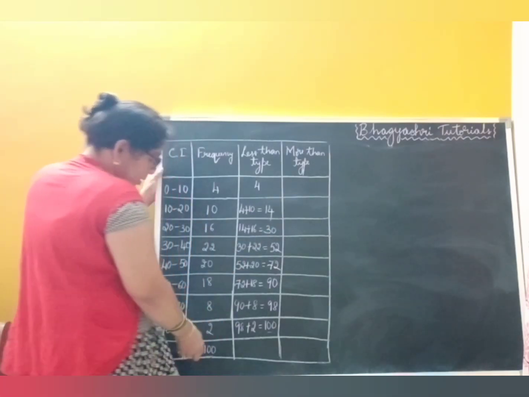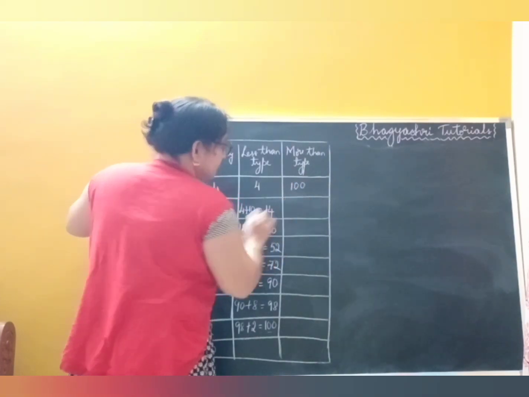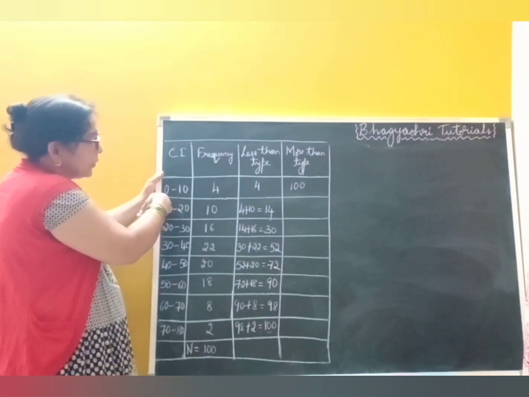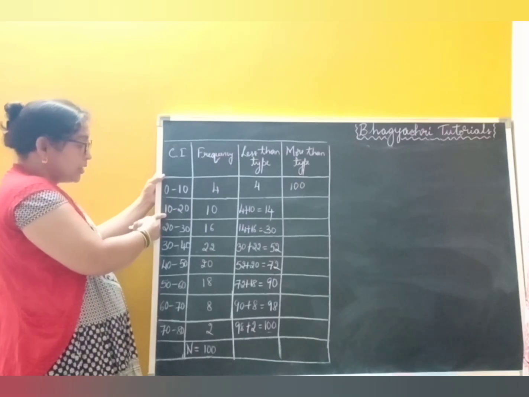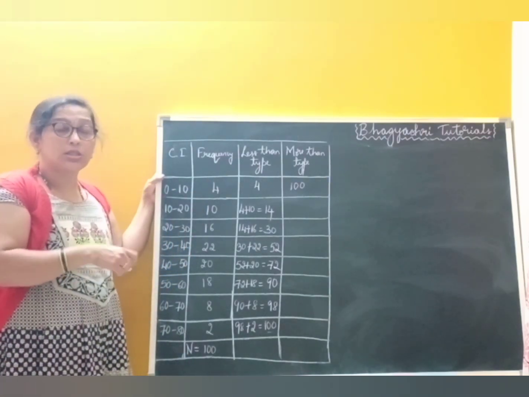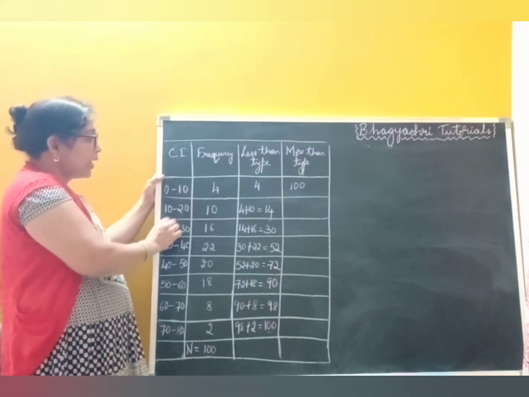What is the cumulative frequency here? It is 100. All 100 students got marks more than 0. Now, let us take the next class limit, that is lower limit 10. How many students have got marks more than 10?